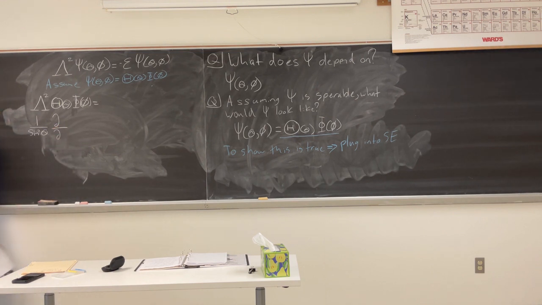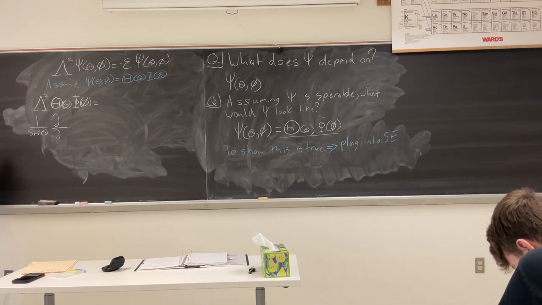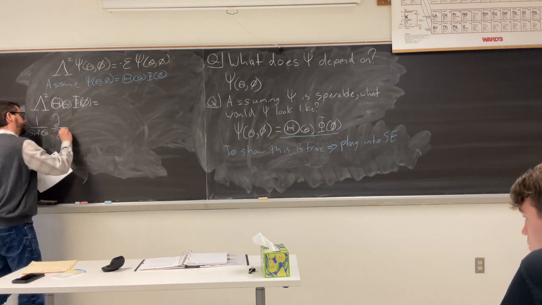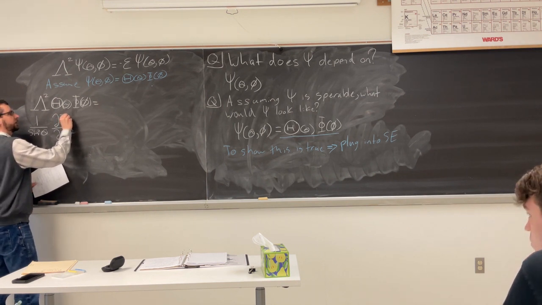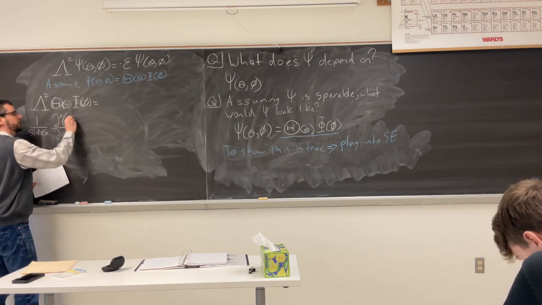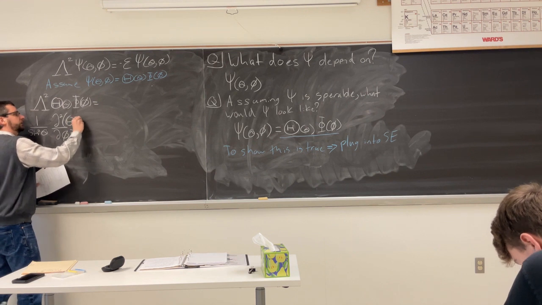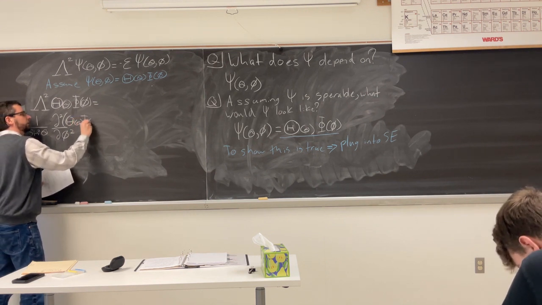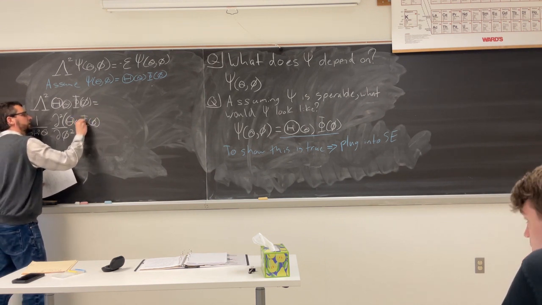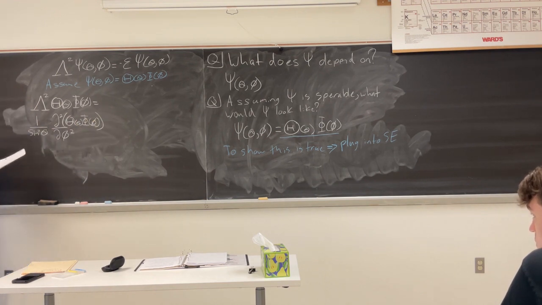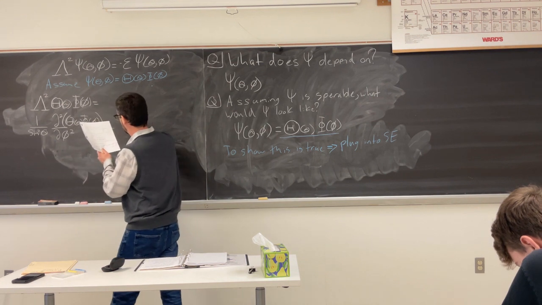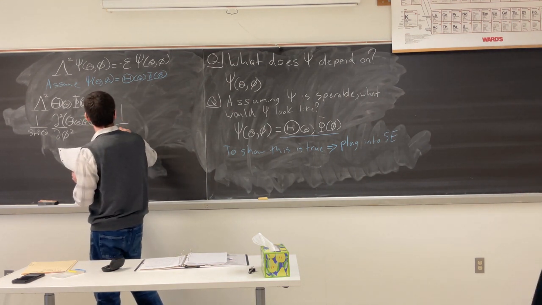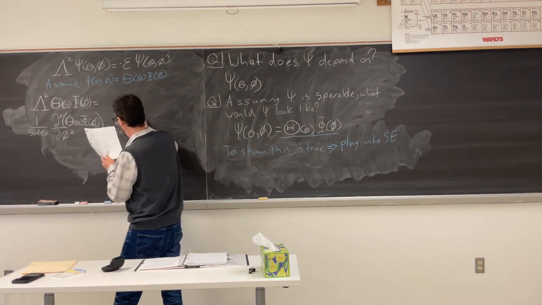Then we've got the second derivative of which variable? Phi, yeah, or parameter. And we're going to apply that to our theta. Then we've got plus 1 over sine theta.